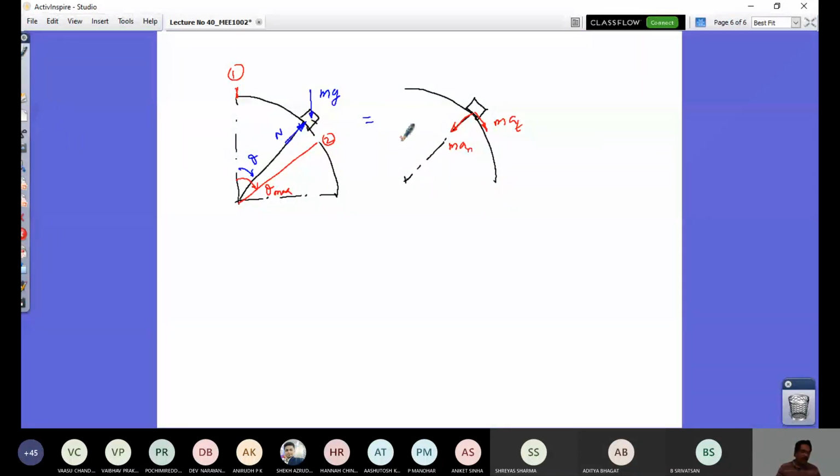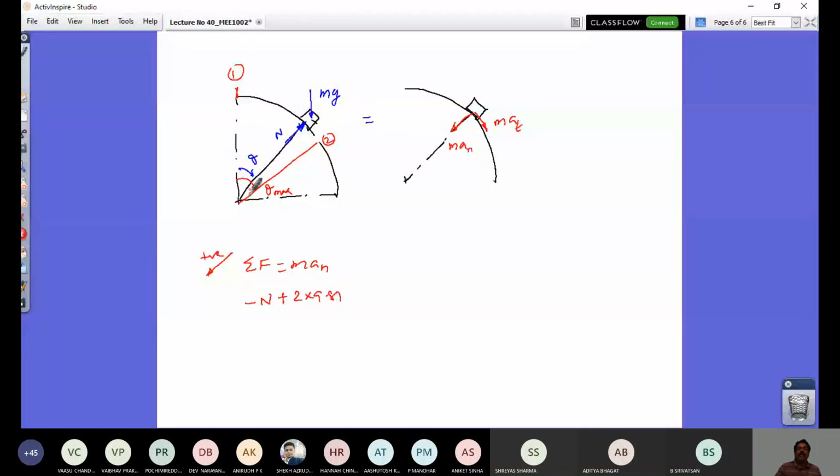I'm going to write now this. By taking the equation along the normal direction, sigma F is equal to m a_N, Newton's law. Then for this free body diagram, it is minus N because I take this as positive for convenience. So minus N, and I have my weight component, that's 2 into 9.81.